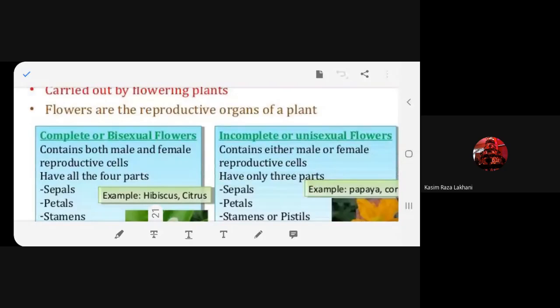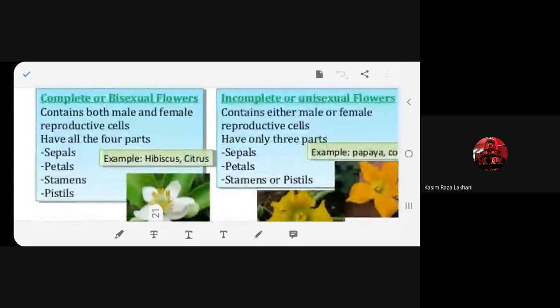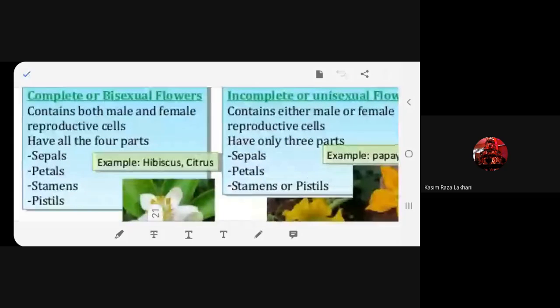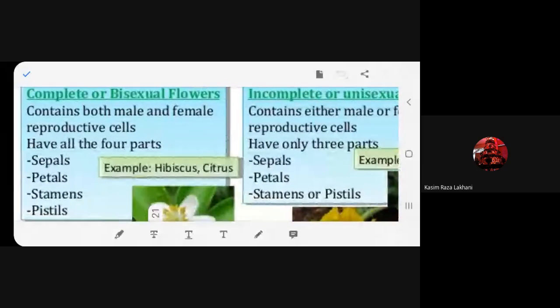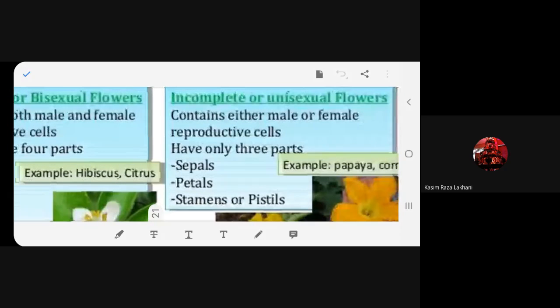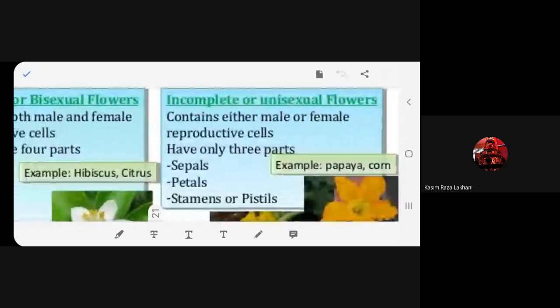Complete or bisexual flowers contain male and female reproductive cells and have all four parts: sepals, petals, stamens, pistils. Incomplete or unisexual flowers have only three parts: sepals, petals, and stamens.